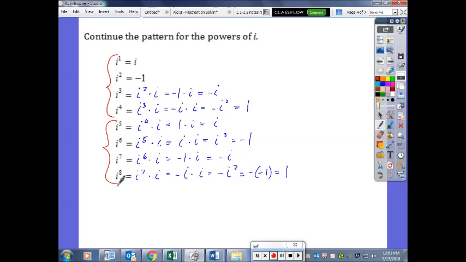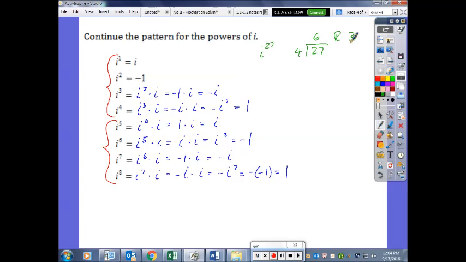So if we now want to use this knowledge to figure out, for example, how we can simplify i to the 27th power, we need to figure out how many times 4 goes into 27. Dividing 4 into 27, we get 6, but we get a remainder of 3.